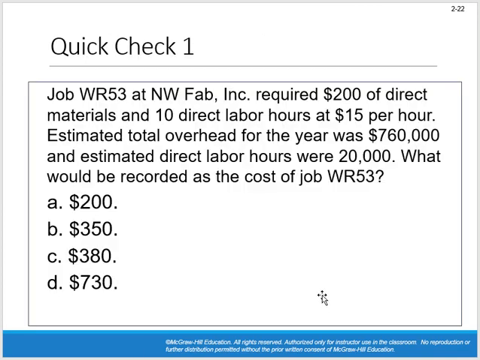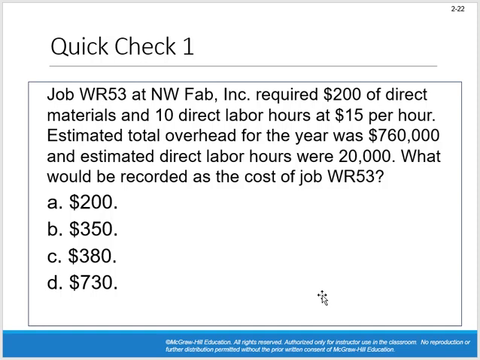Let's do a quick check. Job WR53 at NW Fab Inc. required $200 of direct materials and 10 direct labor hours at $15 per hour. Estimated total overhead for the year was $760,000 and estimated direct labor hours were 20,000. What would be recorded as the cost of job WR53?